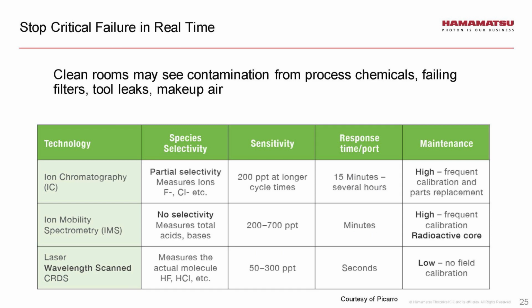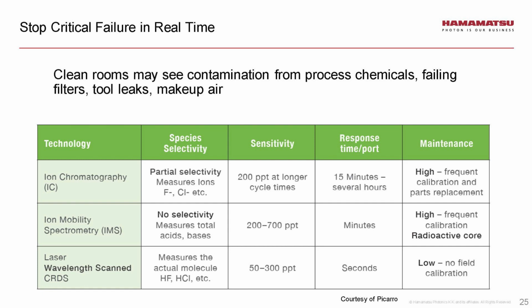Expanding a little bit about what I was talking about before in terms of measurement times. Now, if something undesirable is getting near your process or in your clean room or in your fab, I assume everyone in this room wants to know about it as soon as possible. Well, if you're looking at certain ion systems or mass spec systems, that isn't necessarily the case. You're going to be waiting perhaps minutes, perhaps hours, also attaching calibration and maintenance.